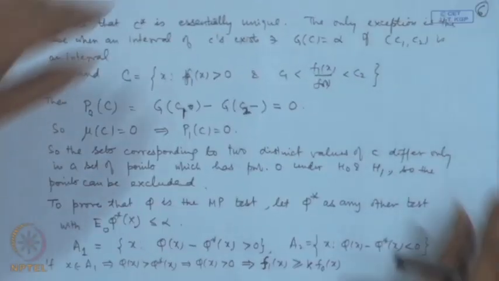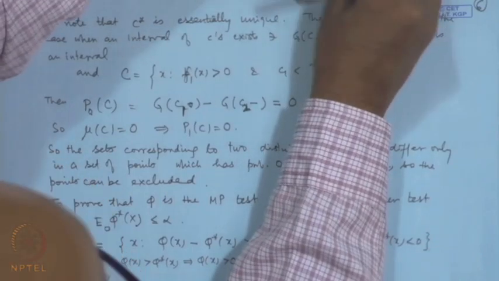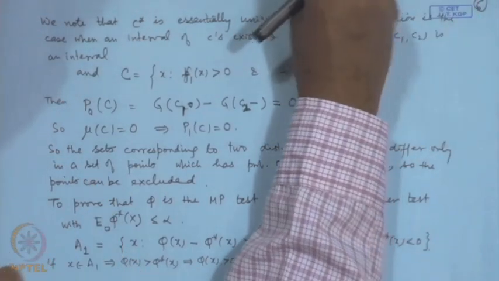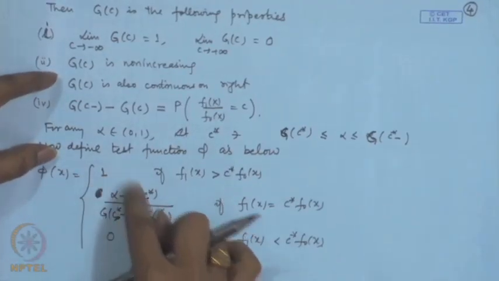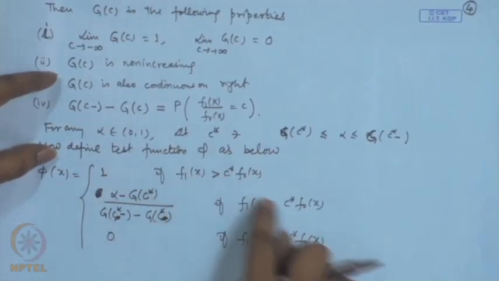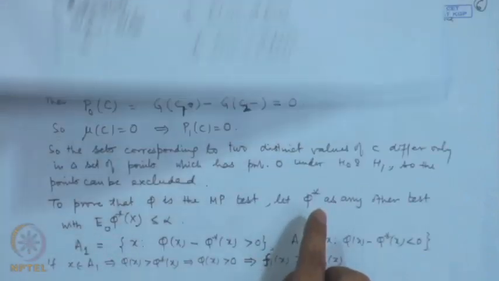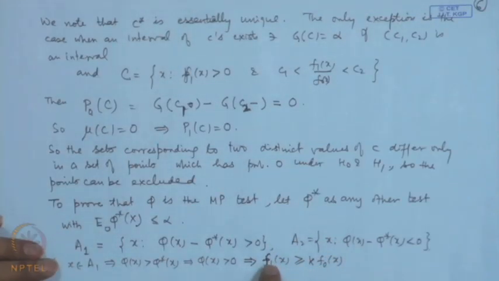Now, why is this true? Because that is the way we have defined it. Phi is positive in these two regions, so f1 is greater than or equal to c star f naught here. So, this condition will be true here, and f1 will be greater than or equal to k times f naught.